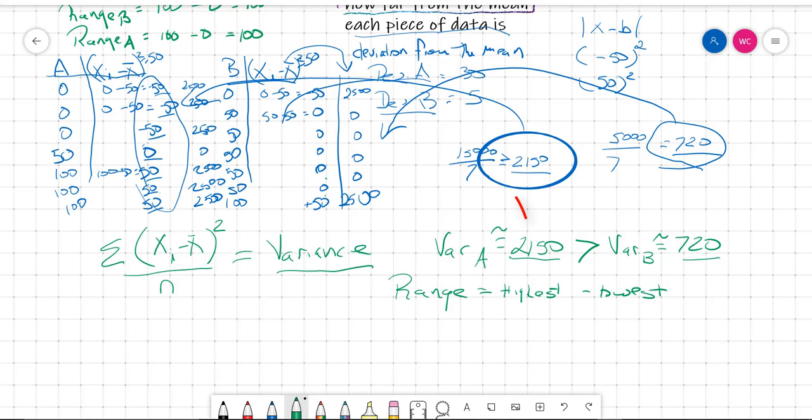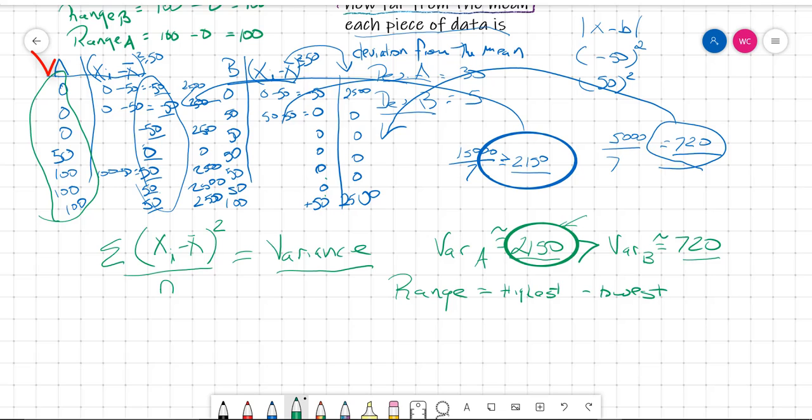Now the last thing is that this number is kind of crazy because it's so big, right? Here's our original data. It doesn't seem to be related to this number at all. This is much bigger than anything in here, and much bigger than any particular spread in here.